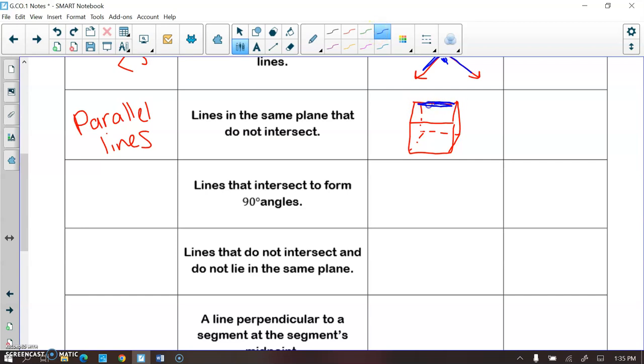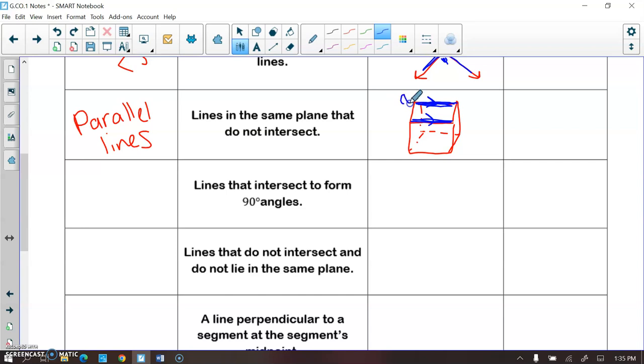These two lines lie in that same plane, the top plane, but they do not intersect and they will never intersect. Those are parallel lines. And with parallel lines, you will see little arrows drawn on the lines, and that means that they're parallel.